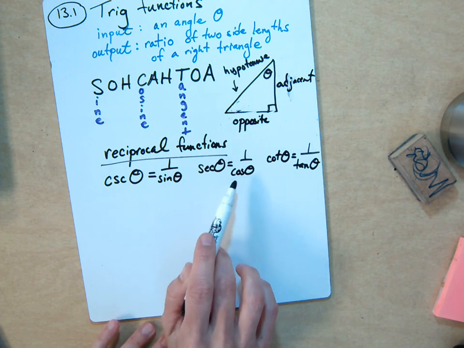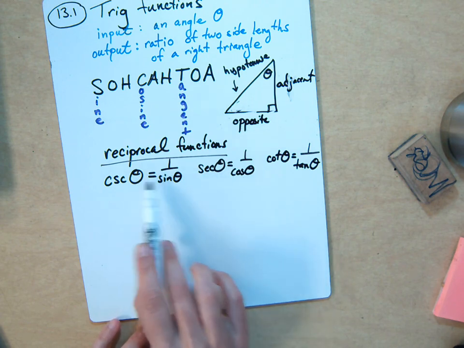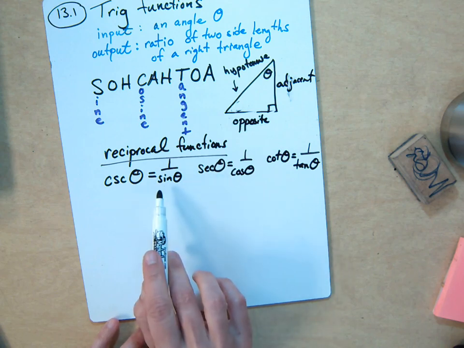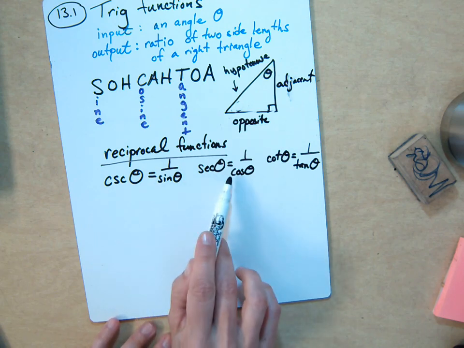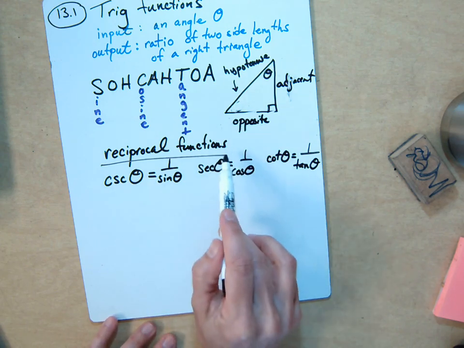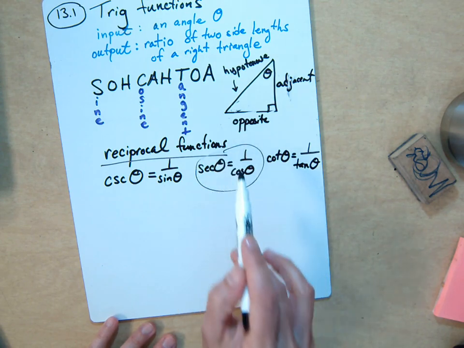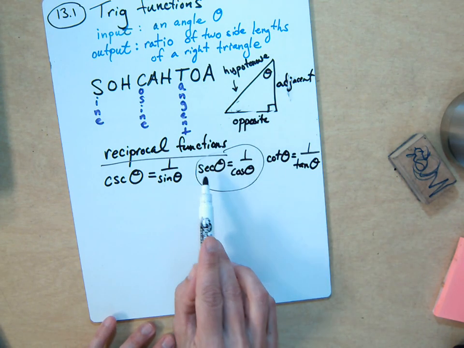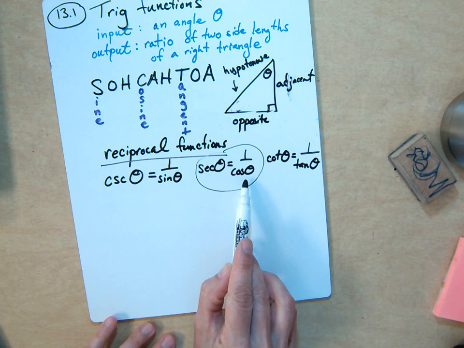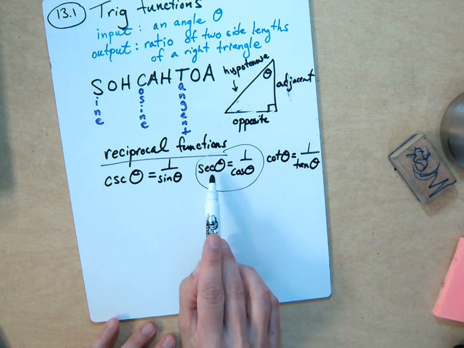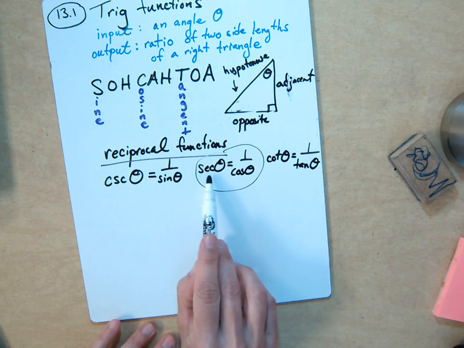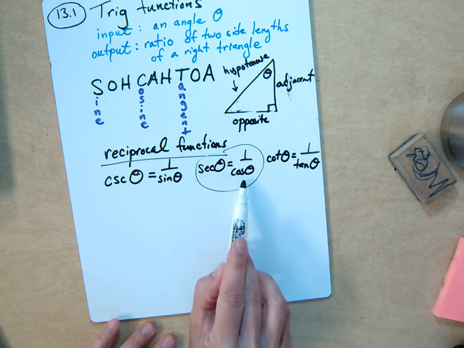I'll give you a little tip. If you just remember one of them, then you know the other one by process of elimination. Here's a little trick, and this isn't really true, but it takes a second to go to Costco. It takes a second to go to Costco.